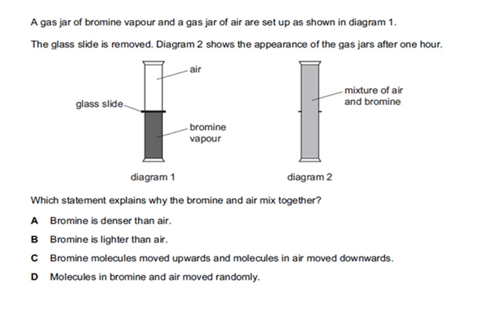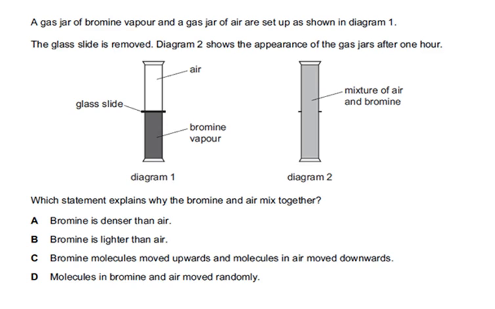Another question says a gas jar of bromine vapor and a gas jar of air are set up as shown. The glass slide is removed. Diagram 2 shows the appearance of the gas jars after 1 hour. Which statement explains why the bromine and air mix together? Now we said if I remove the glass slide, then the bromine will diffuse through the jars and become equally distributed.